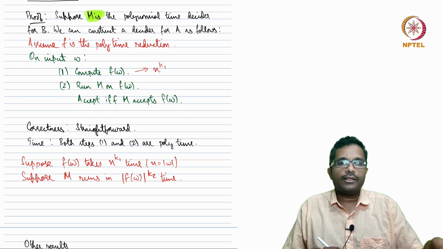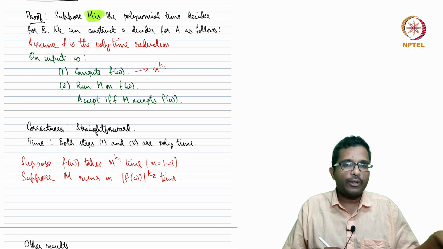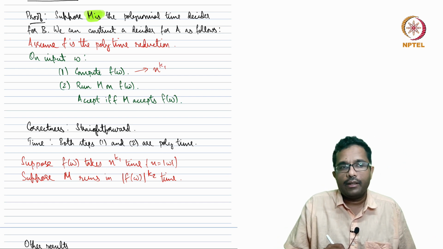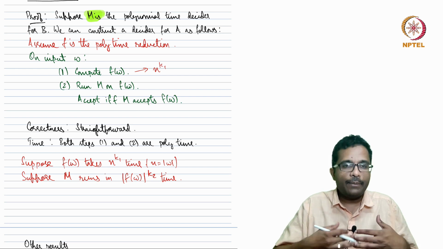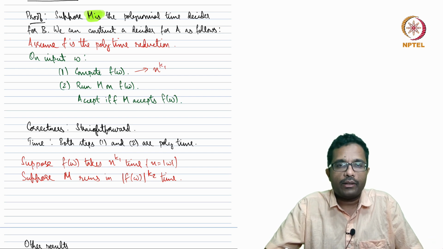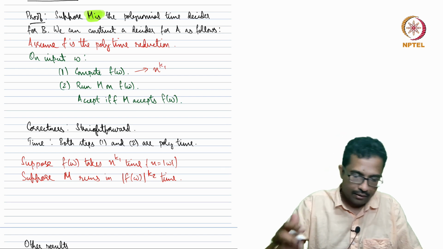The only thing that we know about f of W is that it is produced by a Turing machine that runs in time n power k1, right? Which means in that time it even has to write the output. So the length of f of W cannot be more than n power k1. If it is more, then writing the output will take more time.